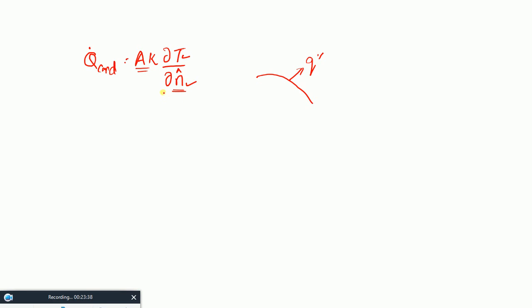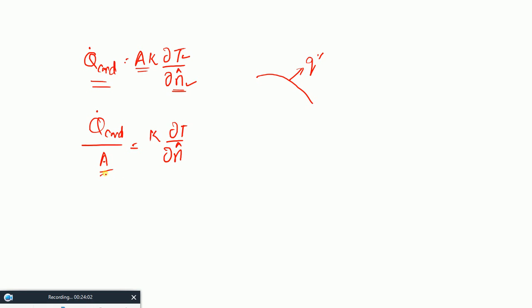This is just a generic form, partial T by partial N, for Fourier law of heat conduction in any coordinate system. Now, Q dot conduction over area equals K partial T by partial N, and this N shows the direction only.